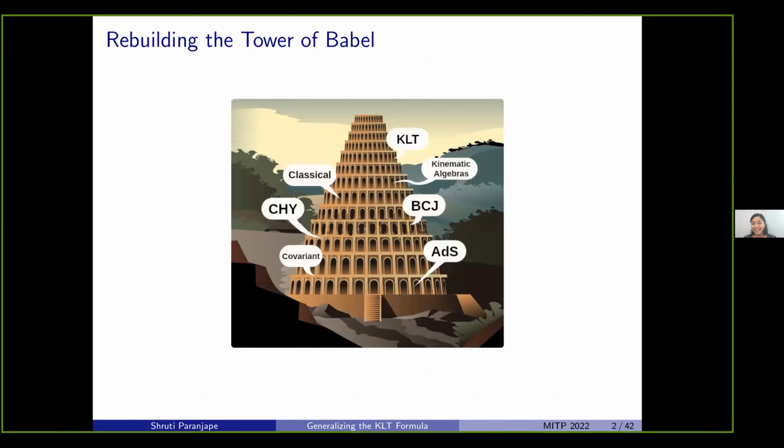So, okay. This workshop is called Rebuilding the Tower of Babel. So I felt like I had to make this little graphic that I'm quite proud of. And basically the Tower of Babel and different languages in which we speak about the double copy. And in this talk, I'll mostly be speaking in the language of KLT. But I will say that there are two sort of dialects in the KLT double copy language.